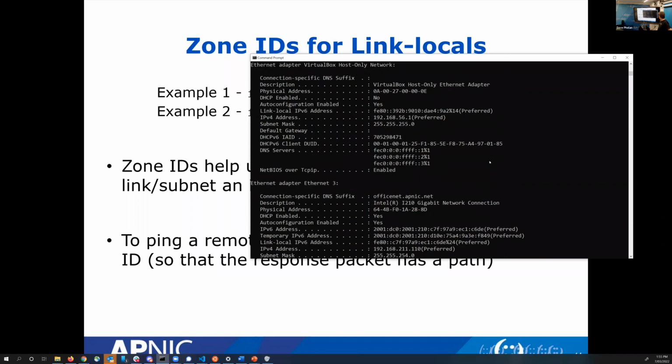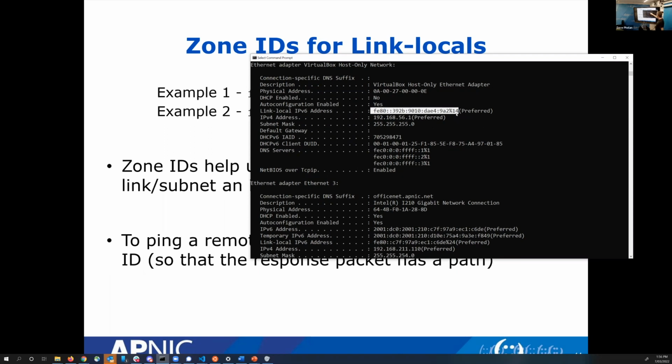So let's go and have a look at this one here. This is a VirtualBox Ethernet adapter I've got on my laptop, and I've got my link local address here, and I've got this %14. That's not part of my IPv6 address notation, right? What this is saying is, hey, this address is bound to this interface.